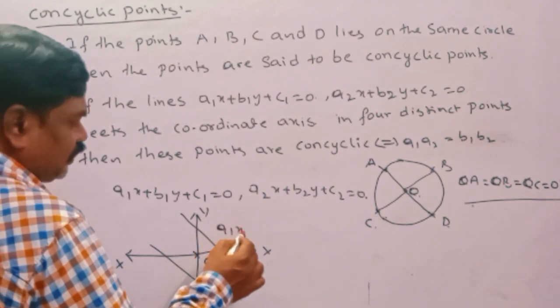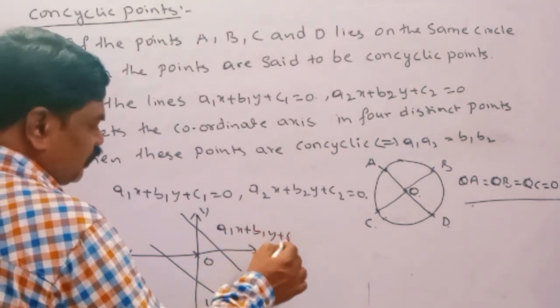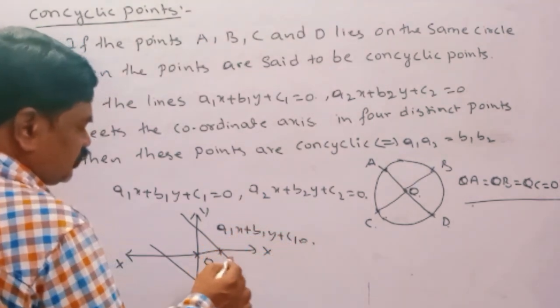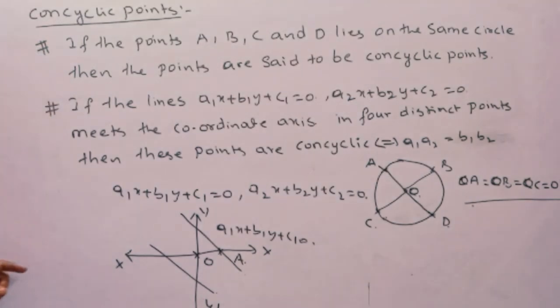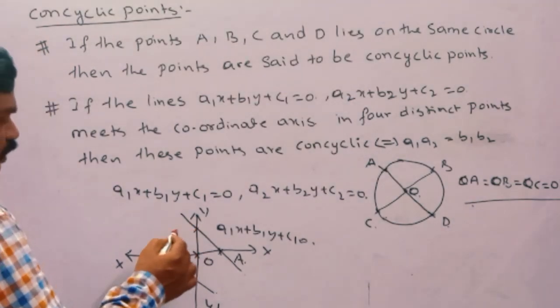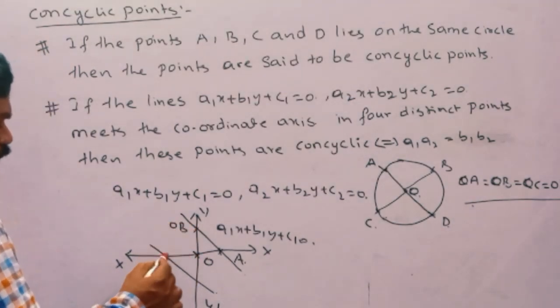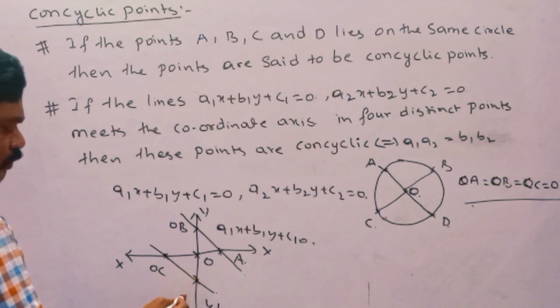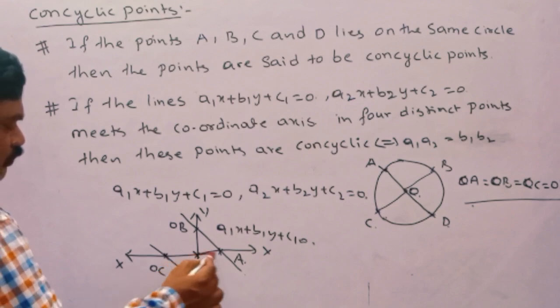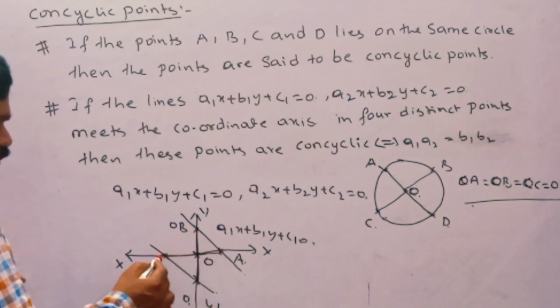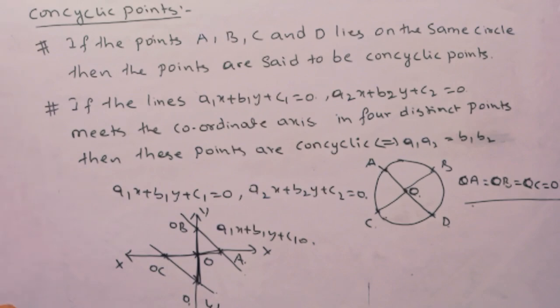This is point A on the x-axis, this is point B, point C, point D. OA is equal to OB is equal to OC is equal to OD.